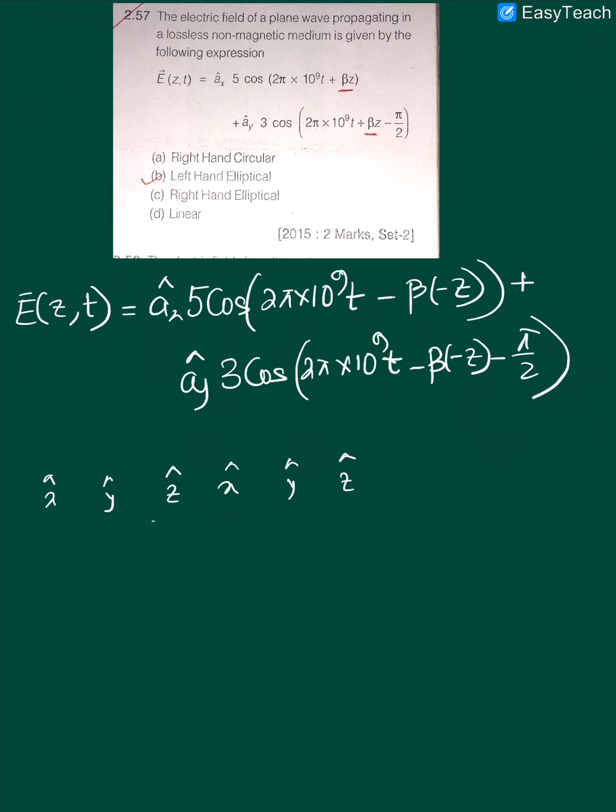So if you define this as positive z direction, then this is negative z direction. So this is positive z direction, this is negative z direction, let us assume. Now in our case the wave is going in the negative z direction, so we must consider this particular arrow.